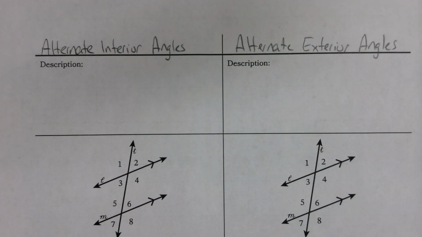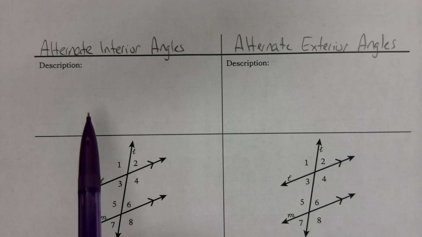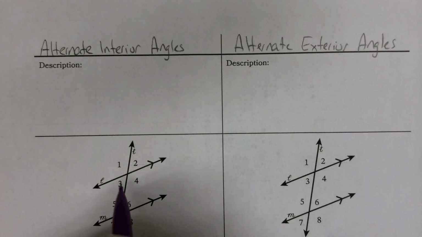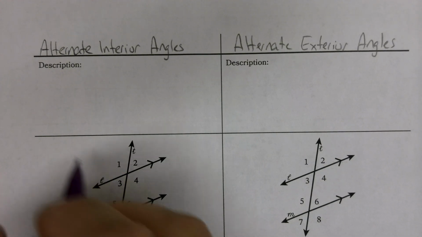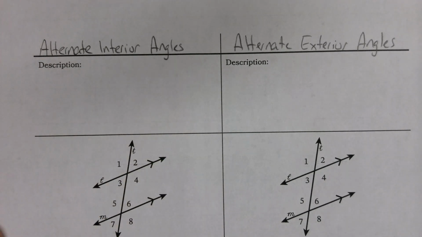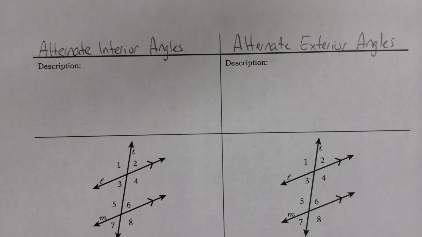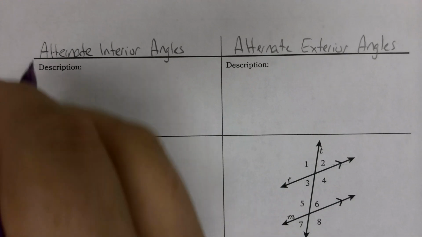Alternate interior angles, okay, are angles that lie in between the parallel lines on opposite sides of the transversal. Okay, so when two lines are cut by a transversal, the angles on opposite sides of the transversal, but in between the parallel lines.